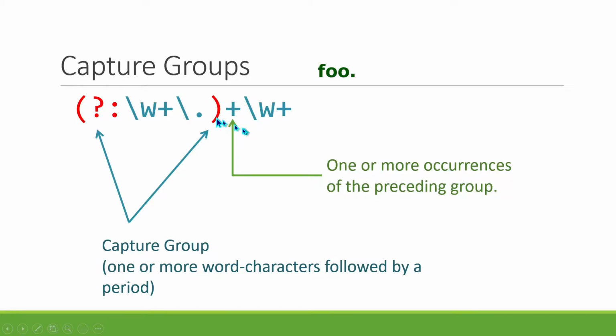So what this means is that this group of tokens occurs one or more times. So in other words, we're looking for one or more word characters followed by a period, that set of characters one or more times. You can even use multiple capture groups with the OR operator if you want to say this set of tokens or this other set of tokens.